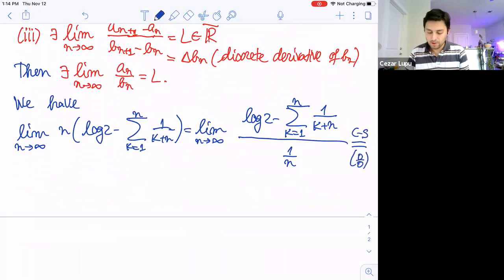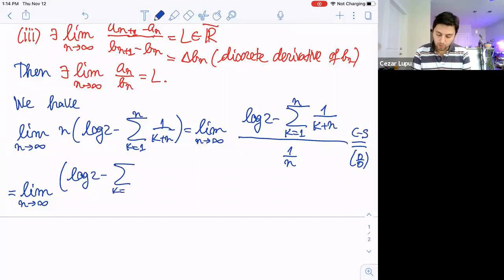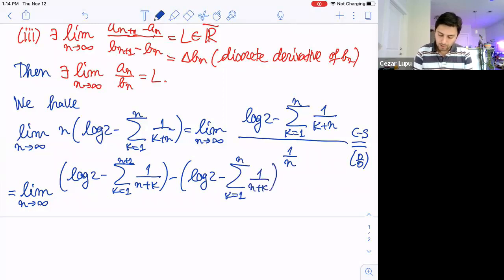So I have 0 over 0, and this would be nothing else than the limit as n approaches infinity of log 2 minus the sum from k equals 1 to n plus 1 of 1 over n plus k, minus log 2 minus the sum, everything over 1 over n plus 1 minus 1 over n.